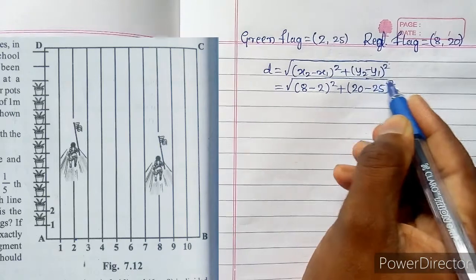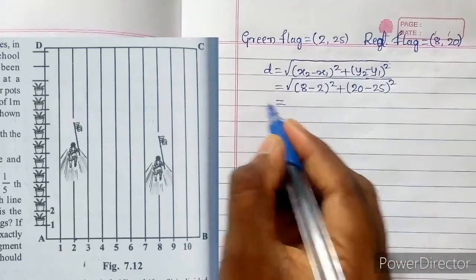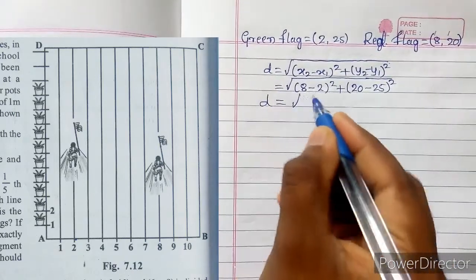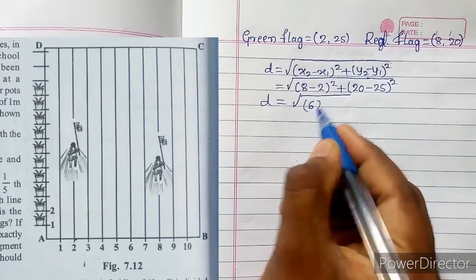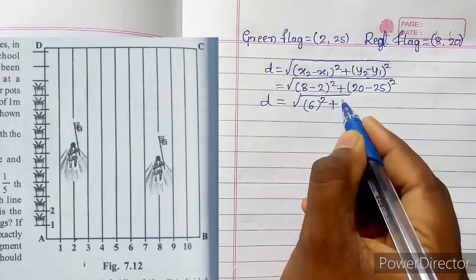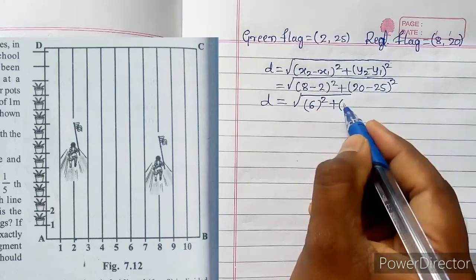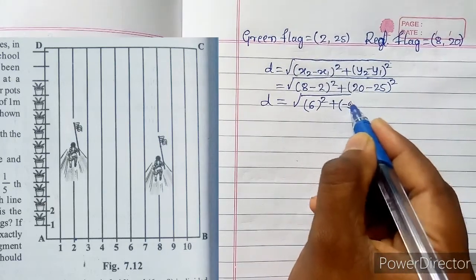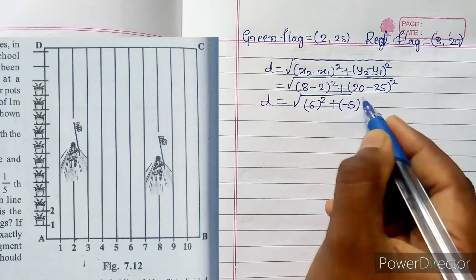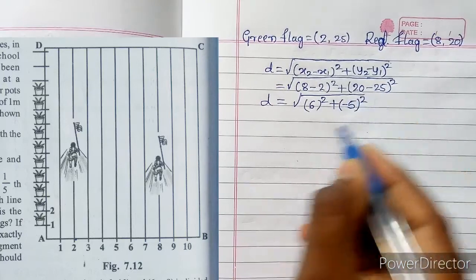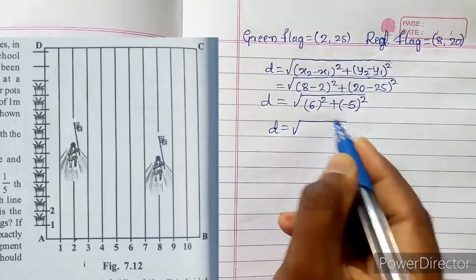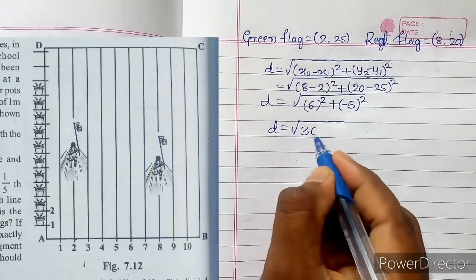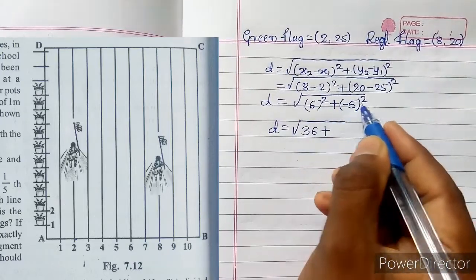Then d is equal to square root of (8 minus 2 is 6) whole square plus (20 minus 25 is minus 5) whole square. Then d is equal to square root of 6 square is 36 plus minus 5 whole square.